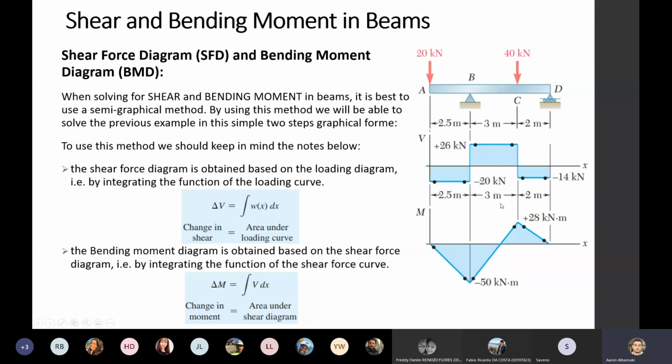So the sequence is always free body diagram. So this is the beam. We have to go through one step to draw the free body diagram first, then the shear force diagram, then the bending moment diagram. Now, to draw the free body diagram, obviously it's essential that we do our reactions correctly. Therefore, I will emphasize again, please go back and check your study about calculating reaction forces.